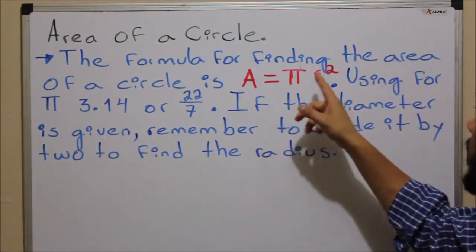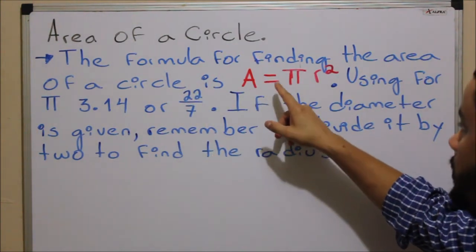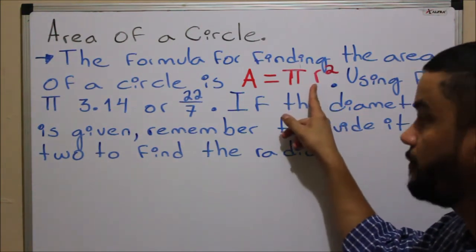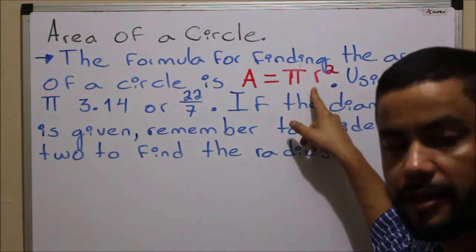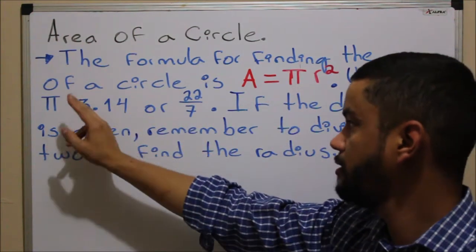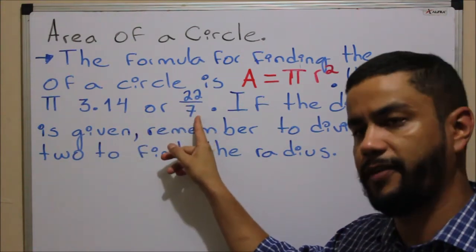The formula for finding the area of a circle is area equals pi times r squared. Remember that r is the radius. Use 3.14 or 22/7 for pi.